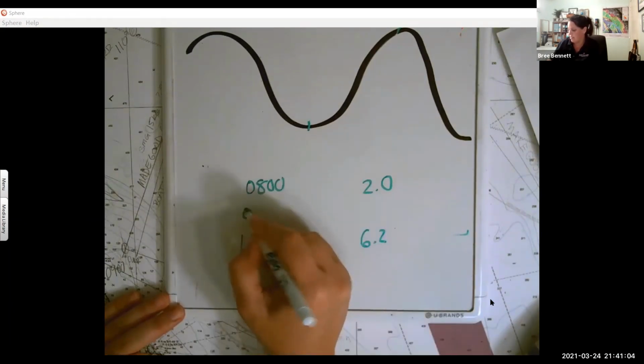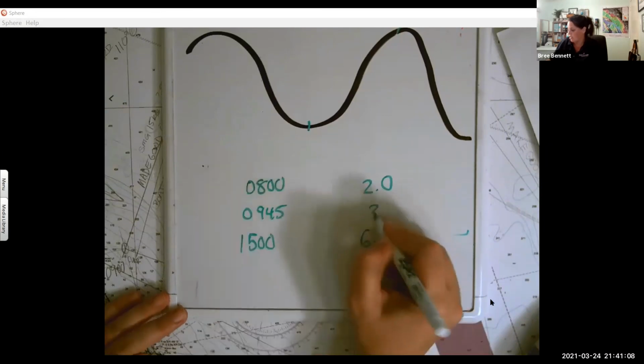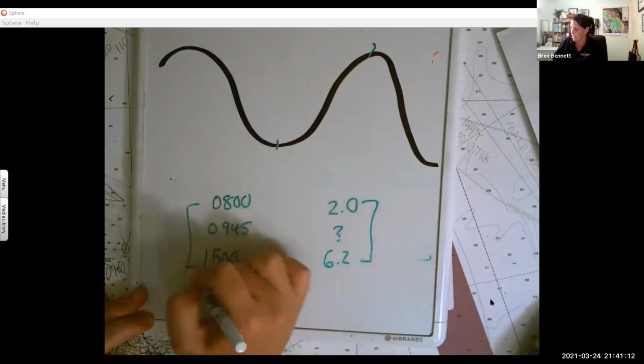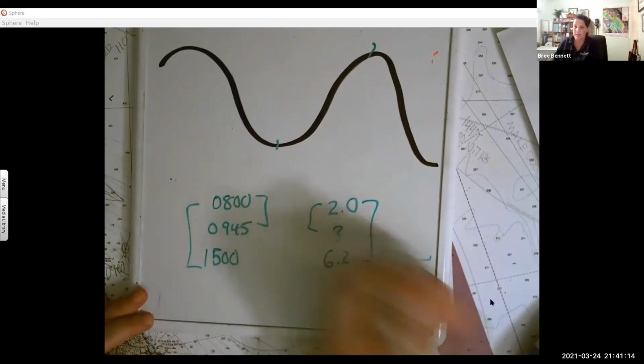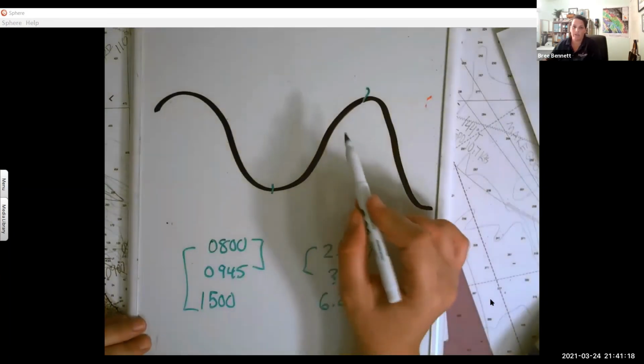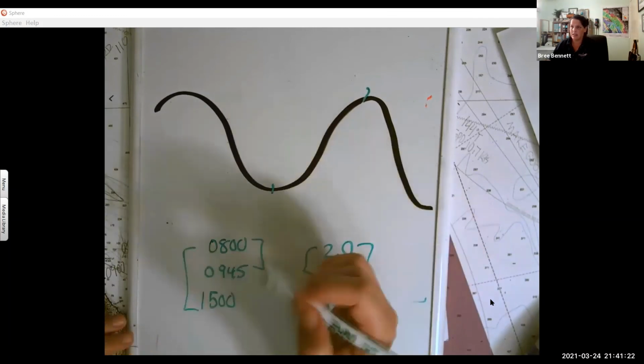What is the time at 09:45? I do this little sandwich thing, but most people, if you YouTube it, might see it on a graph like that.